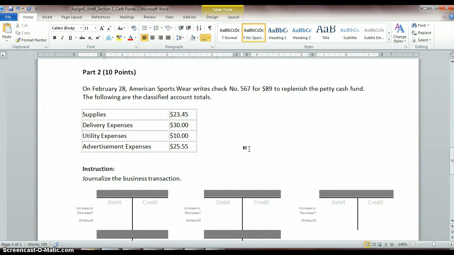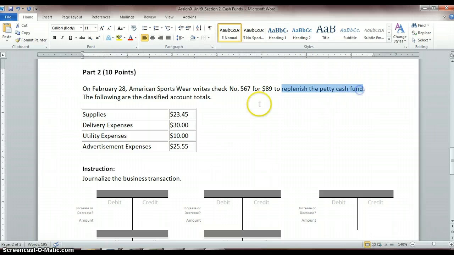And then in part 2, we are replenishing our petty cash fund. I'm sure you've read the text by now. How a petty cash fund works is basically we have a box full of cash that we can use to pay different items and then replenish that amount later.